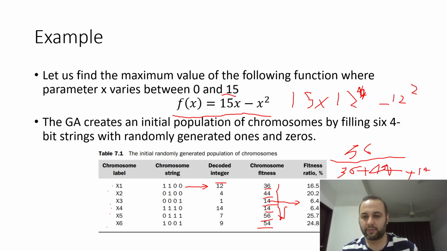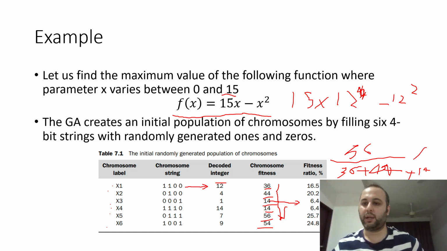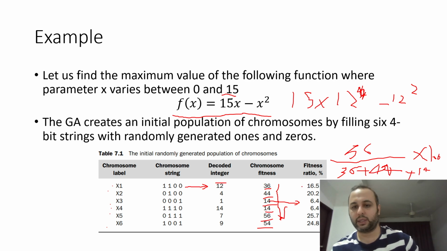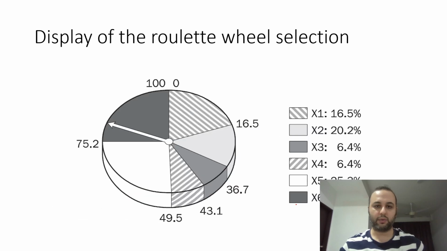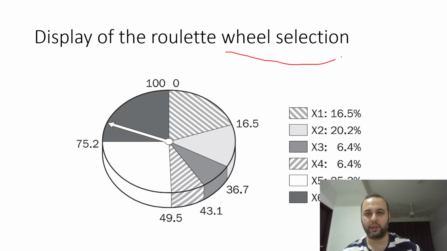So after you calculate times 100, you will reach this value. This is the fitness ratio, and you can make a pie chart based on your fitness ratio. This pie chart represents your roulette wheel for the selection.